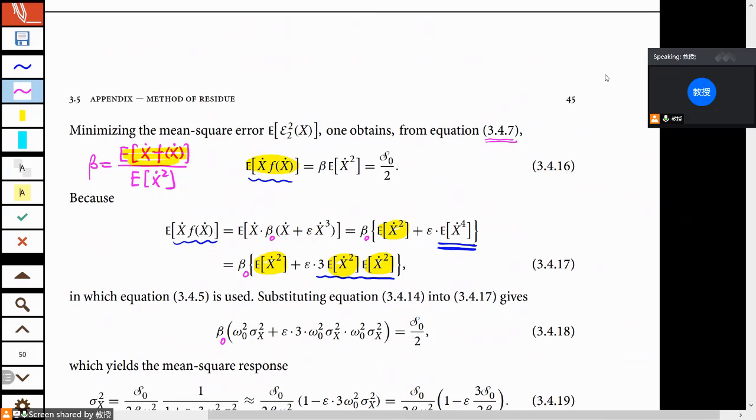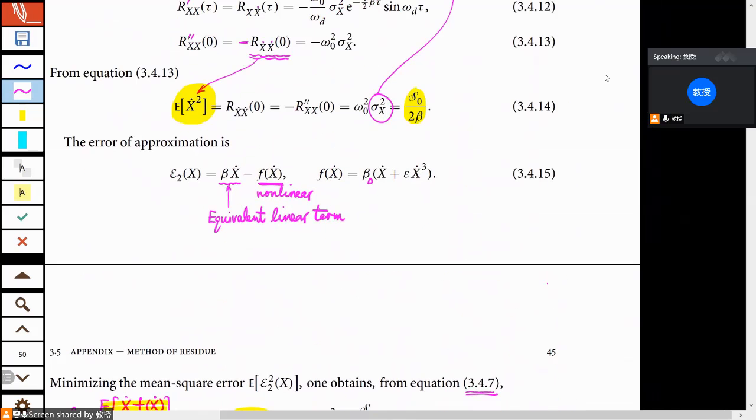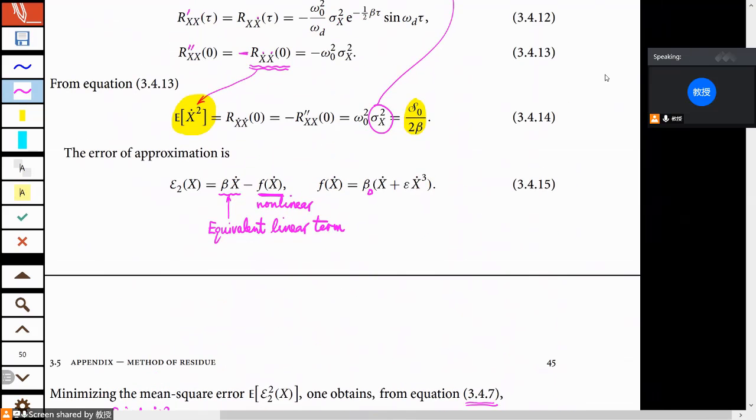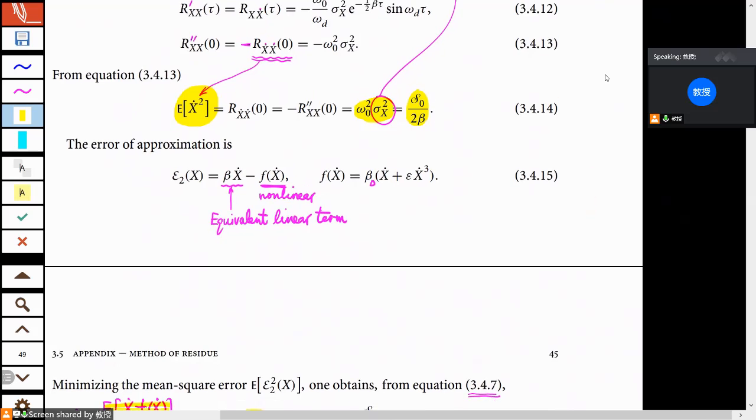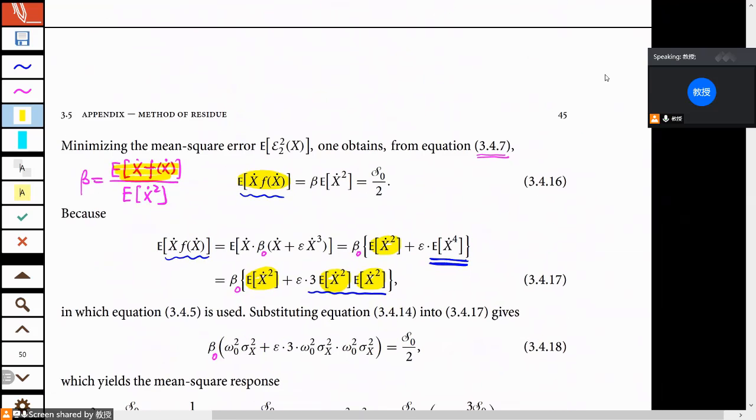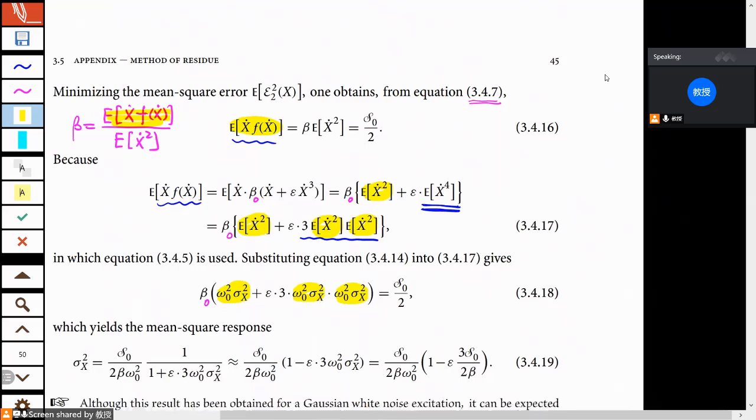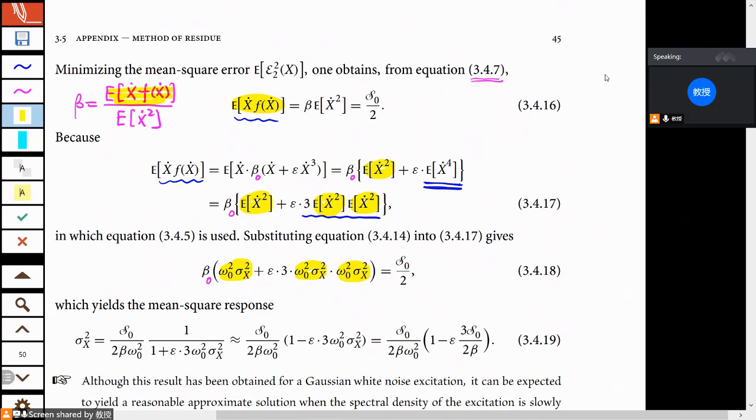You substitute the mean square value from here. E[x dot squared] is omega 0 squared sigma x squared, for each of the yellow terms.